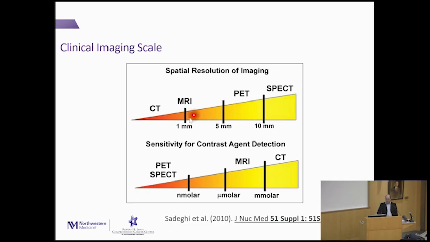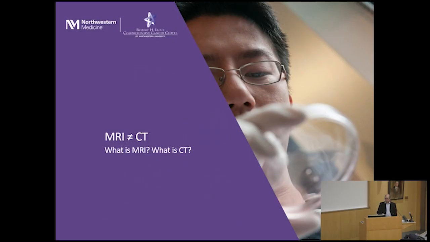You can see for resolution, CT is the best, and single photon emission computed tomography has the lowest resolution, and they're more or less inverted for their sensitivity to contrast agents. For preclinical imaging, you can more or less divide by 100 there to get the scale for clinical.